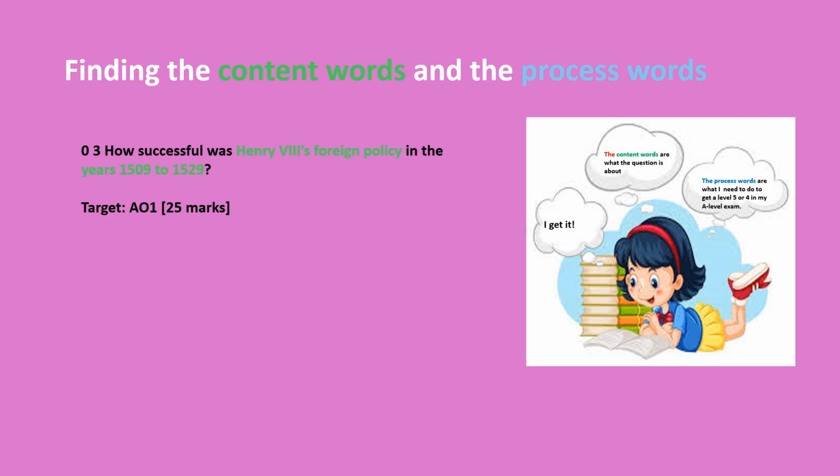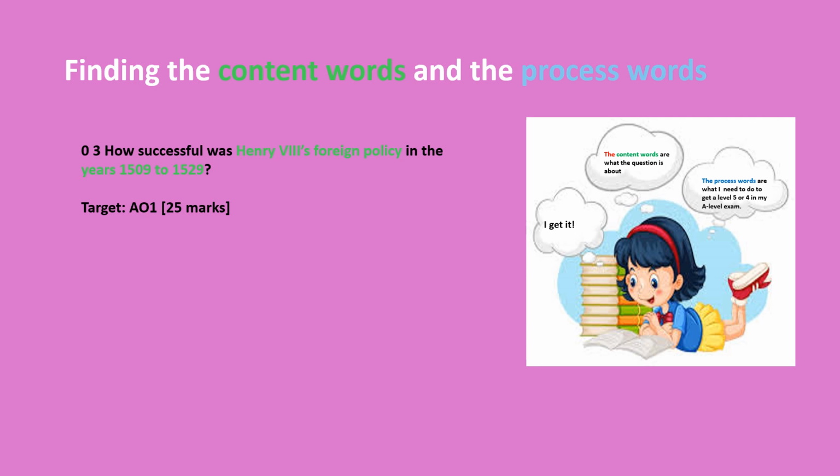And this may sound obvious, but students often miss the second half of a question out. And remember, Henry VIII's foreign policy is classically a game of two halves, to use the football cliche. From about 1513, from when Wolsey's in charge as First Minister, to about 1520-21, Henry's foreign policy enjoys some major success.